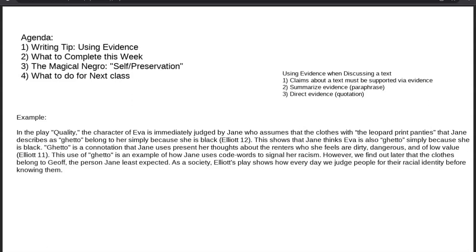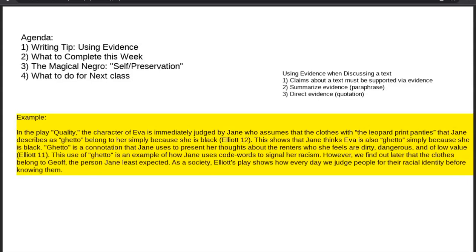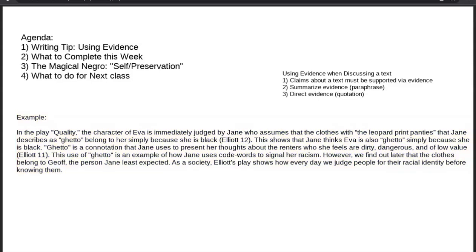All right. The central claim of this answer is right here, where the student argues that Jane immediately judges the African American character of Eva, as we saw in the play from last week.